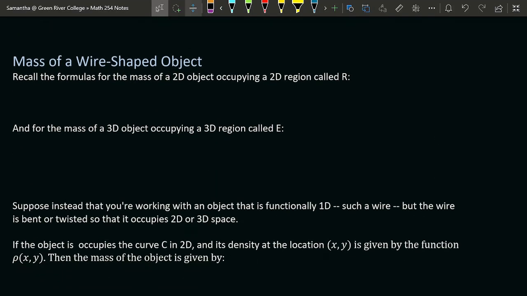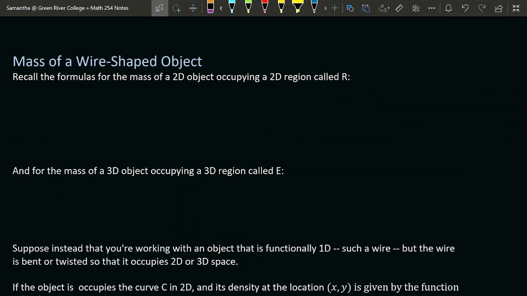So beginning with our first example, mass of a wire-shaped object, let's go back in time to our previous mass calculations. For example, if we had an object in two-dimensional space, occupying a two-dimensional region called R, and if that object had a density which could be different at any particular point, then we could find the mass of this two-dimensional object in the following way.